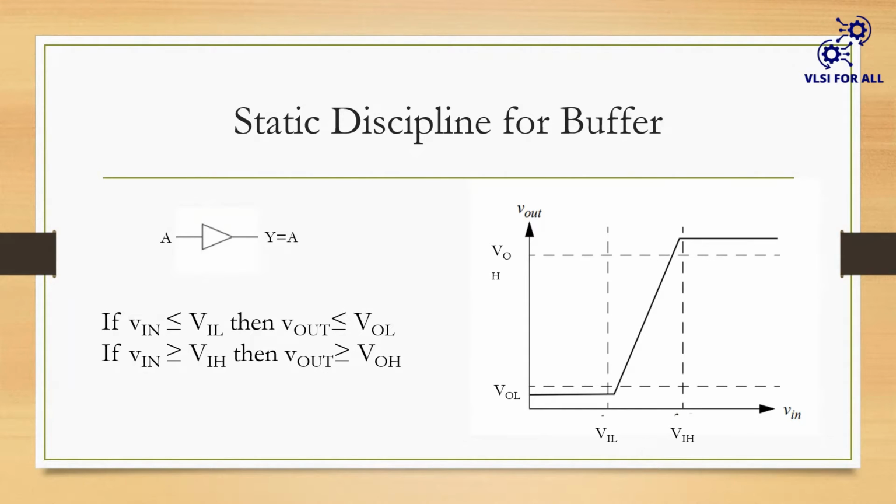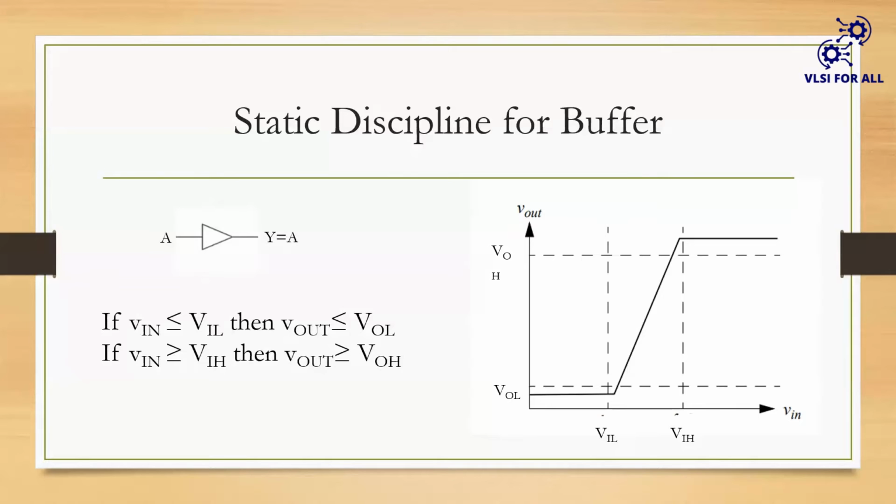How much voltage you get depends on the noise. Sometimes there is a noise voltage of 0.5 volts, sometimes 0.3 volts. But our criterion is, if the input voltage is less than or equal to VIL, that is a valid input. For a valid input, there must be a valid output, and that output is less than or equal to VOL only. This is for the buffer.